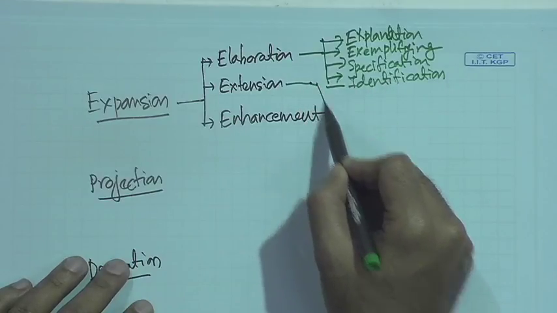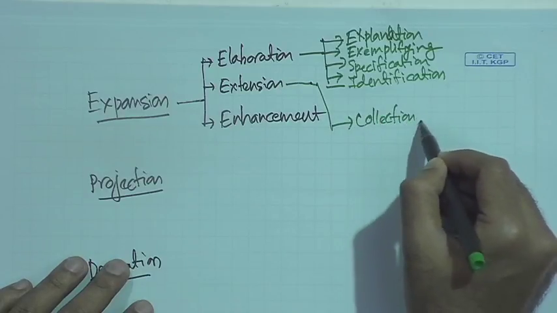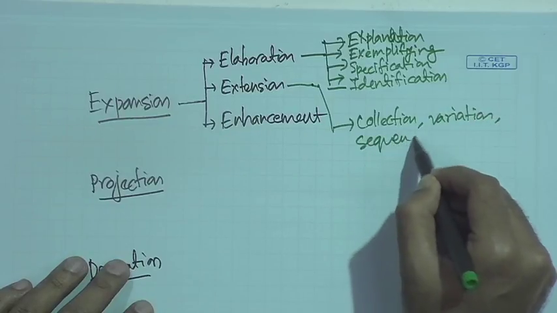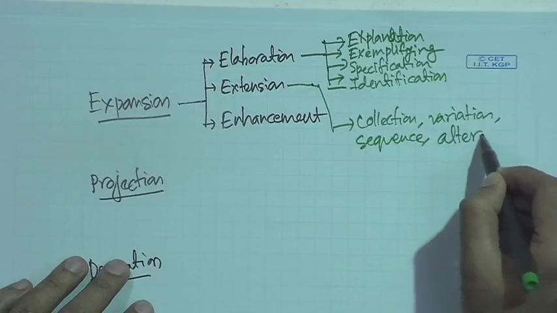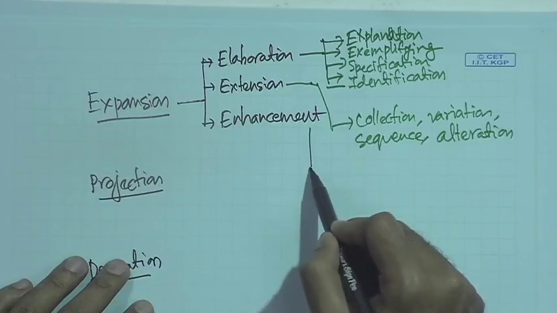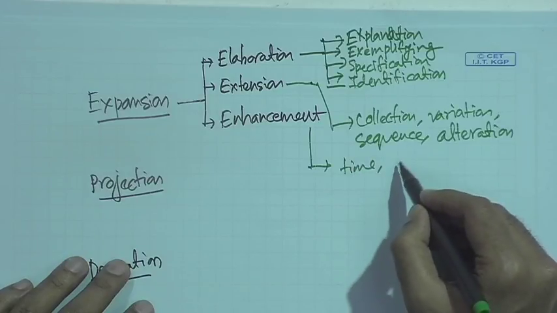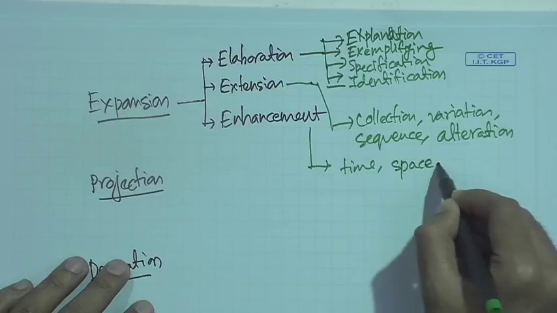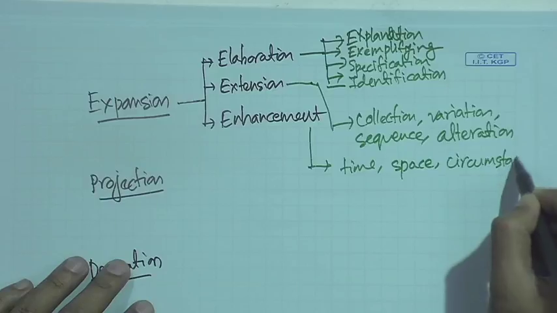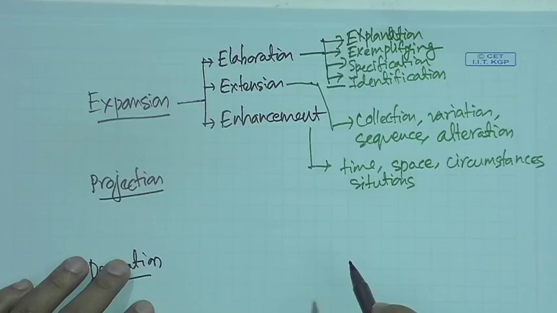Extension is nothing but a collection of different aspects: variation, sequence, alteration, etc. So, extension works on this particular model, whereas enhancement, we talked about time, space, spatio-temporal, those kinds of aspects where it is the circumstances and situations. So, this is what is depicted over here.